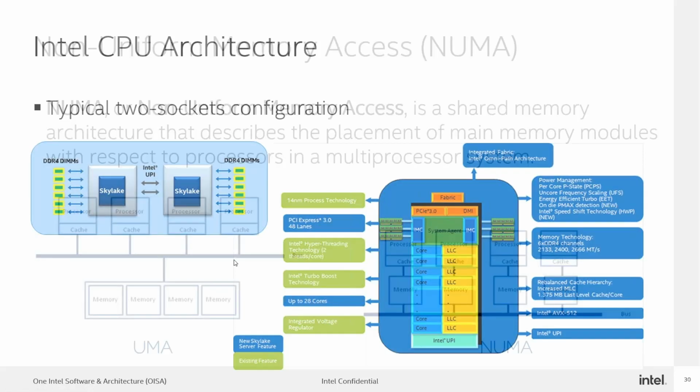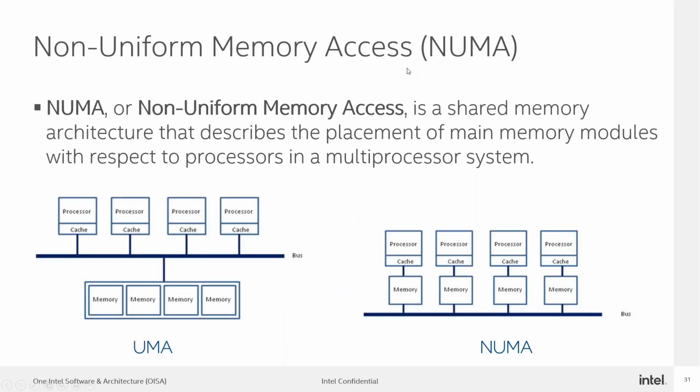Okay, so we call this kind of architecture non-uniform memory access, short for NUMA. For traditional architectures, the processor is attached directly to a bus, and all memories are also attached directly to the bus.